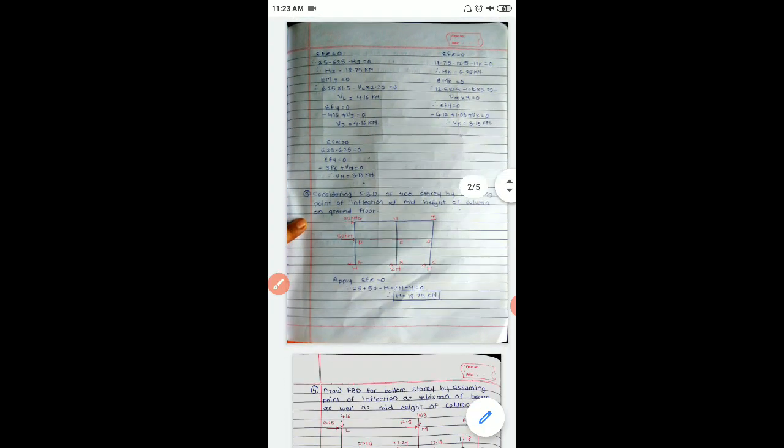There is a check: we are going in the correct way only if the summation of vertical and horizontal forces at that particular inflection point equals 0. We have done this step for the first half, or first story. Then we are going to repeat the same thing for the second half, or second story.